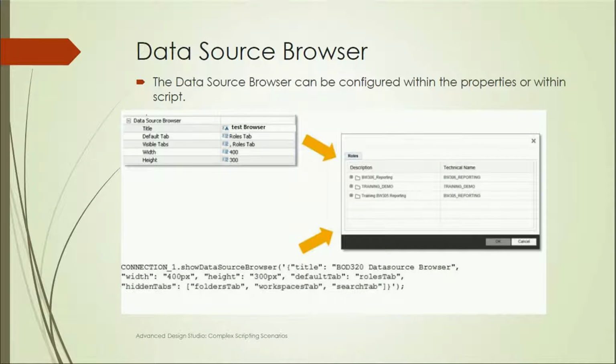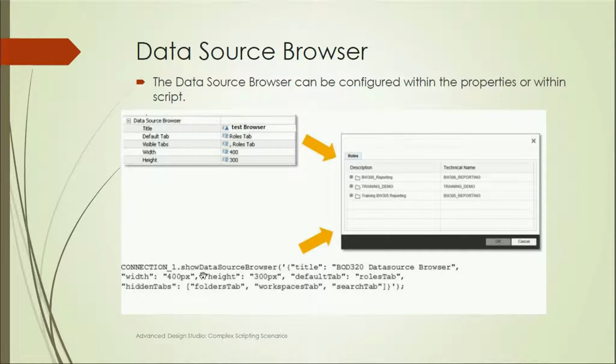The data source browser is one of the properties which we can configure with these backend connection objects. It has this option, like roles we can specify, and this is the script we can write for that connection object.